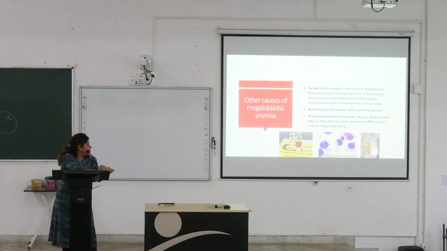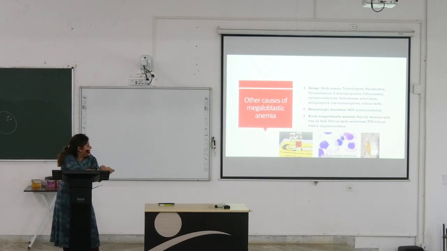Apart from that, hematologic disorders like MDS, myelodysplastic syndrome, can cause megaloblastic anemia. Erythroleukemia is a kind of leukemia of erythroid cells, erythroblasts actually. These can cause megaloblastic anemia. Apart from that, there can be acute megaloblastic anemia.